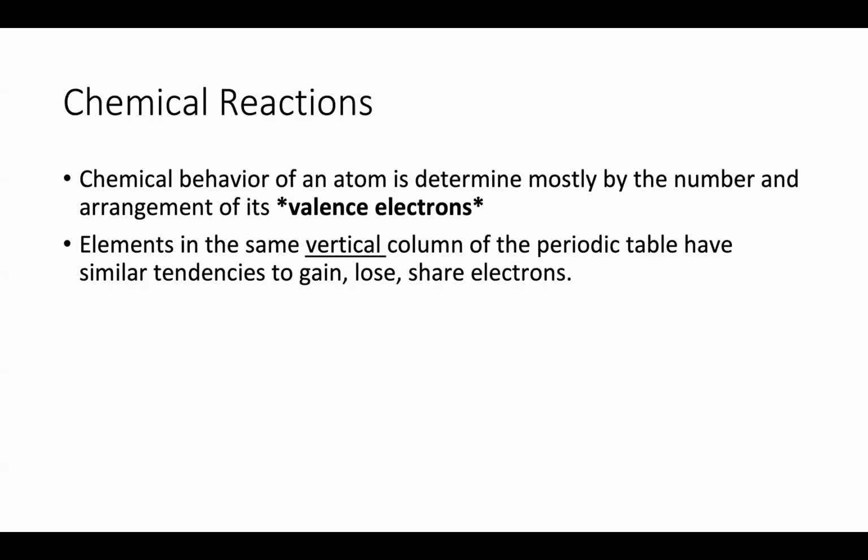All right, the point I'm getting ready to make about chemical reactions is that you should be able to read and understand what's happening in a chemical reaction. A chemical equation represents what's happening in a chemical reaction.